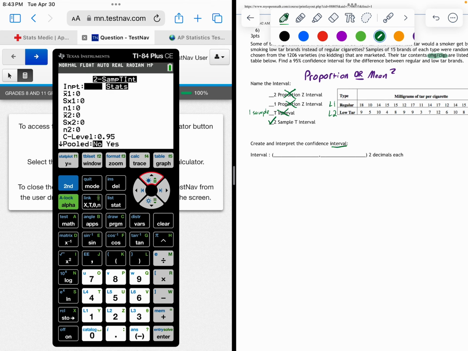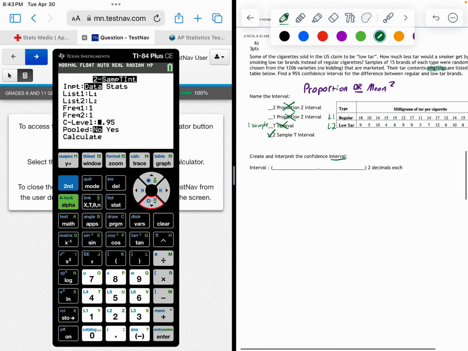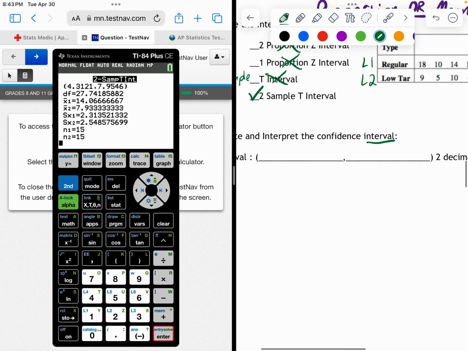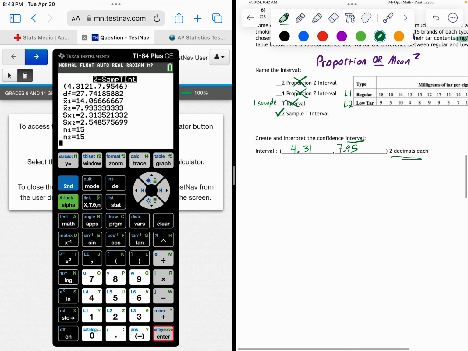And I have the data, so I'm going to click that. List 1 and list 2 is where I put it. Leave frequency at 1, and we're doing a 95% confidence. Don't pool, and calculate. So the difference I have is right there, 4.31 to 7.95. 2 decimals each, it says.